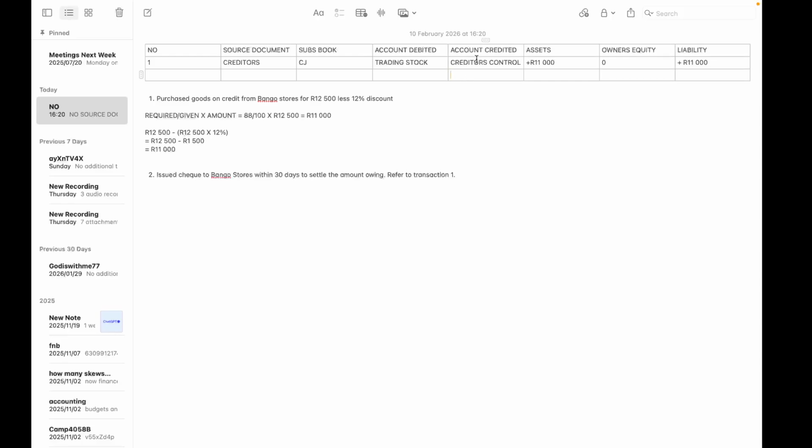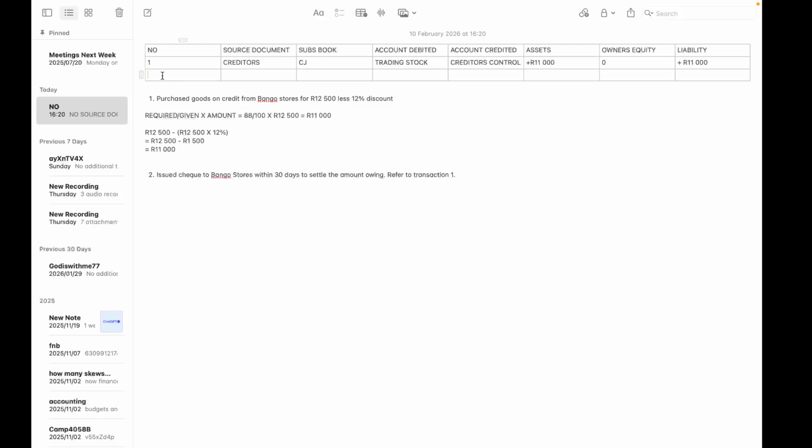And your creditor's control is going to be debited because it's being reduced. You no longer owe the person that which you are paying, right? And because creditor's control is a liability, it decreases on the debit side, and increases on the credit side.